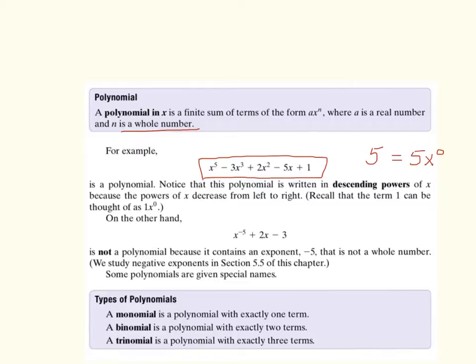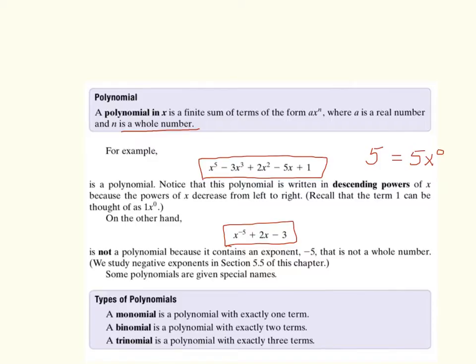So whenever you see a constant, you don't have to write it, but you have to remember that it does have a power. It has a variable with a power of 0. Look at this next expression, this one. X to the negative 5th power plus 2x minus 3 is not a polynomial because it has a negative exponent.